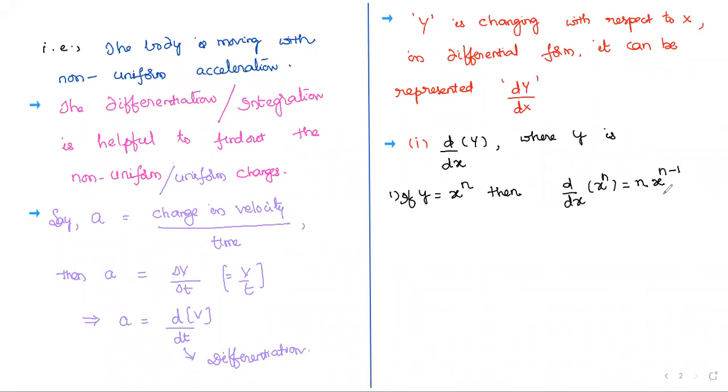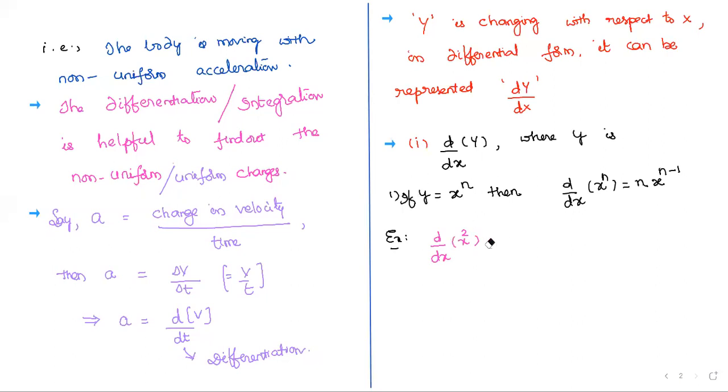Look wisely, sir, where do I use this mathematics formula in my physics? Suppose somewhere in solving a numerical you got d by dx of x square. You can understand from this example.